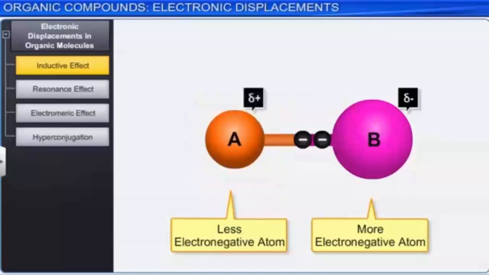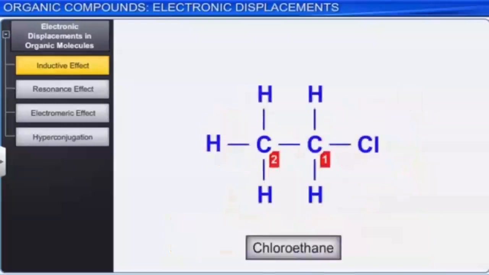The fractional electronic charges in a polar covalent bond are denoted by delta positive and delta negative, and the shift of the electron density is shown by an arrow that points from the delta positive to the delta negative end of the polar bond. For example, in chloroethane, chlorine is more electronegative than carbon.